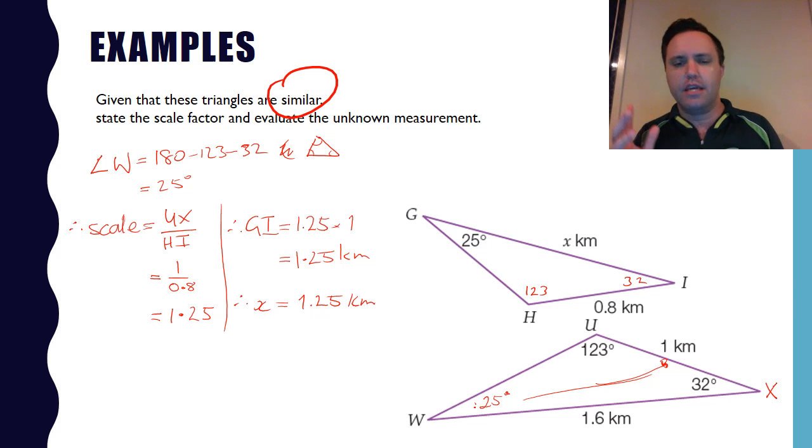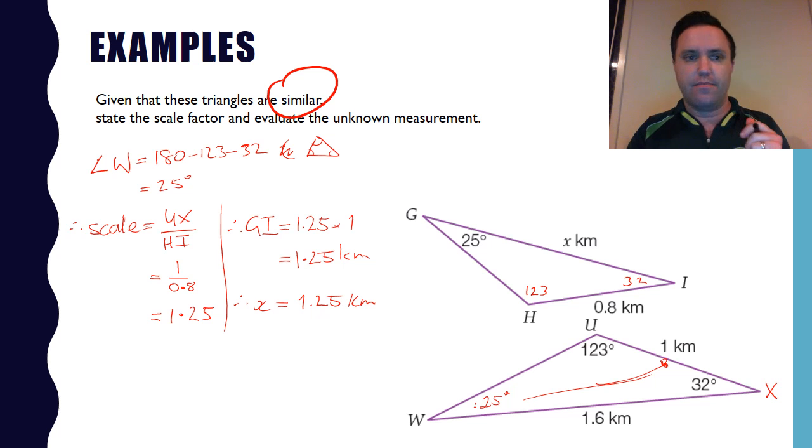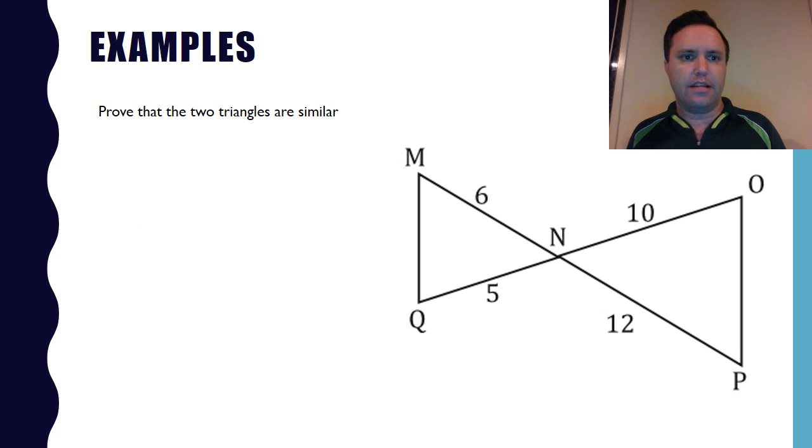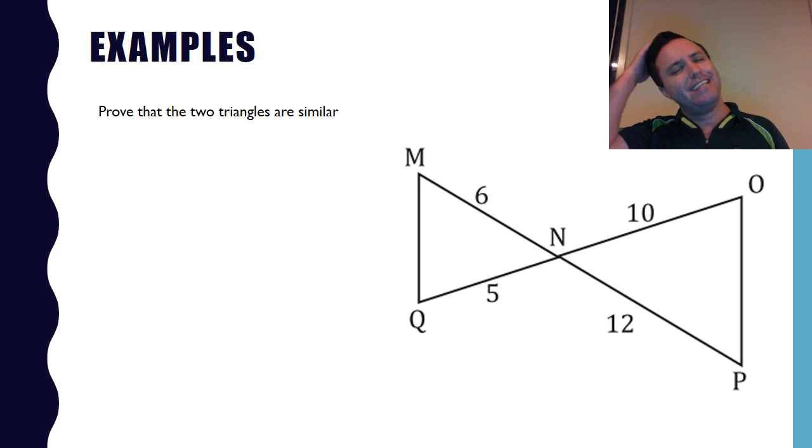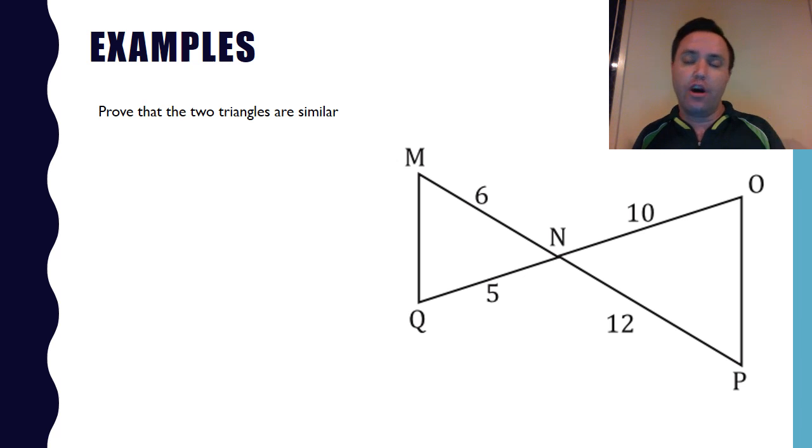Find some of our missing things, figure out which side is which, then find the scale factor, then find your unknown lengths. Now this one: prove that two triangles are similar. When you look at it already, you can probably see that you've got some sort of common multiples here. So 5 times 2 is 10, 6 times 2 is 12, but SS isn't enough to go on to build our case for proving that these two triangles are similar.